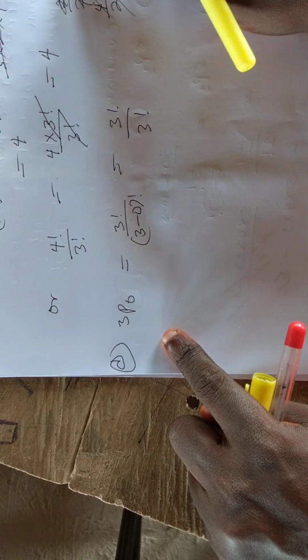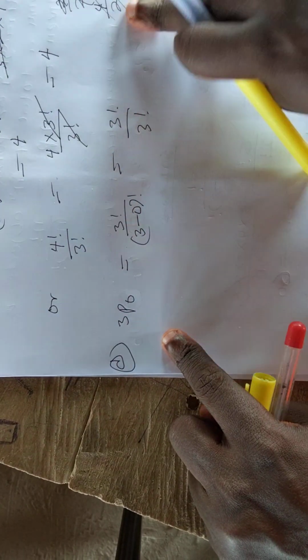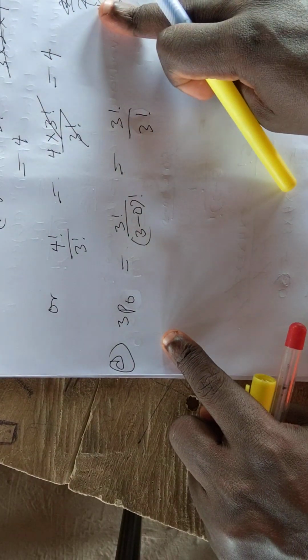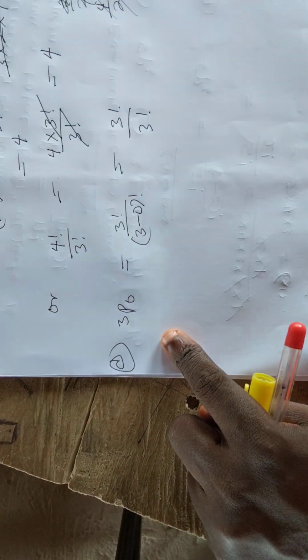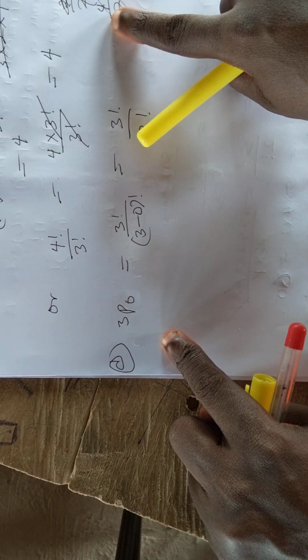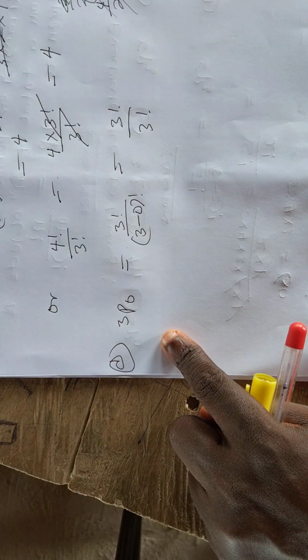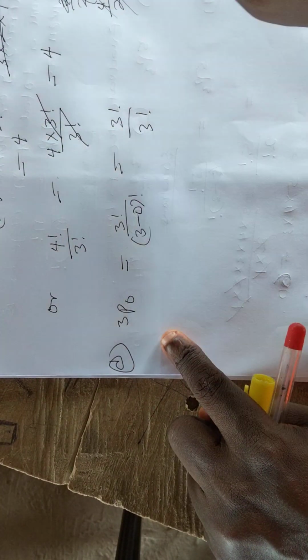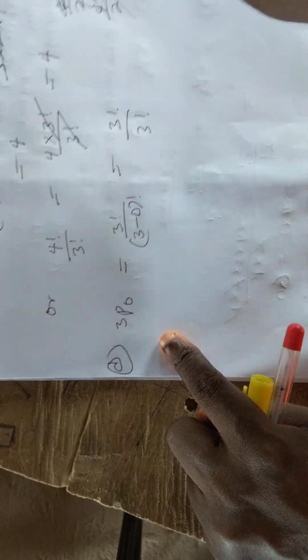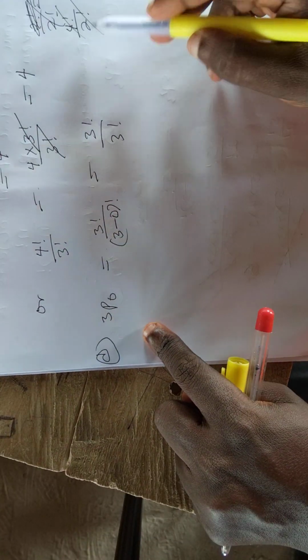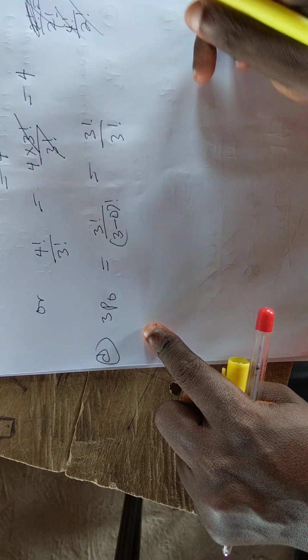If we have 4 factorial over 2 factorial, the 2 factorial cannot cancel the 4 factorial. The only thing we can do here is to multiply 4 until we get to 2 factorial, that is 4 times 3 times 2 factorial over 2 factorial. Or you multiply 4 to 1, multiply 2 to 1, then cancel.